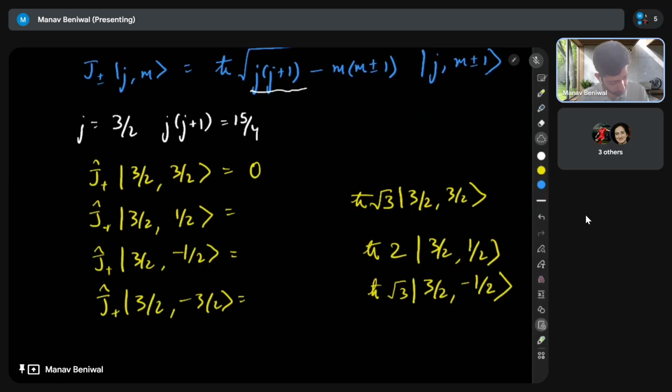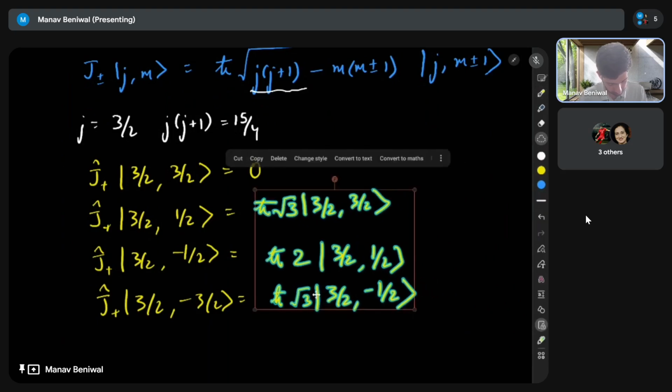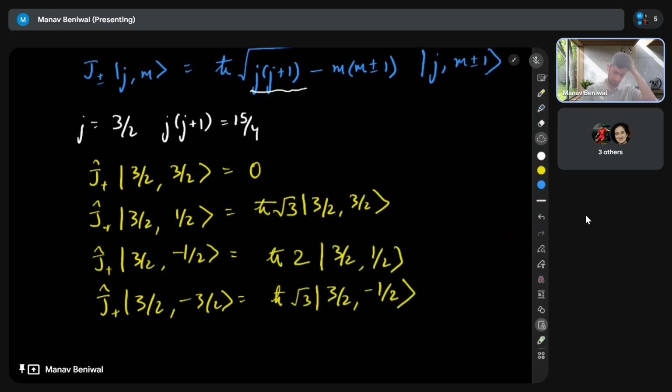Okay, so let me quickly put them here. So this was the action of the raising operator, right? Similarly, okay, so what do we get here?